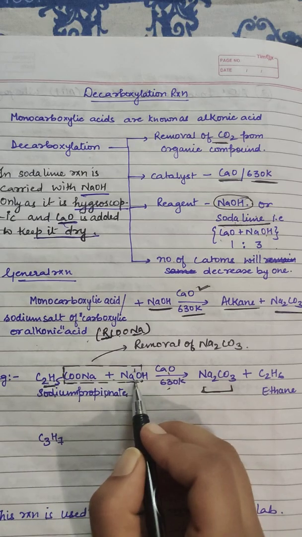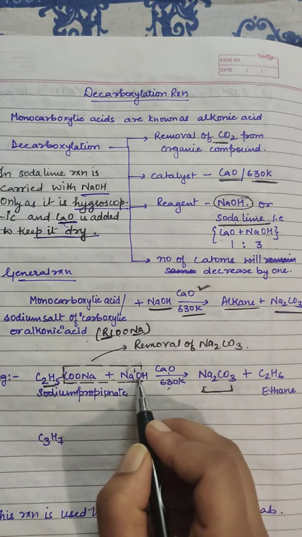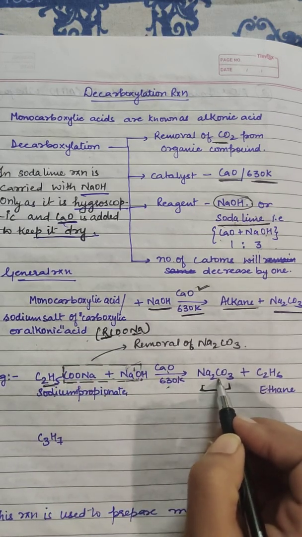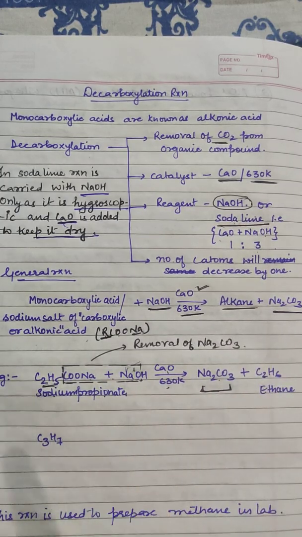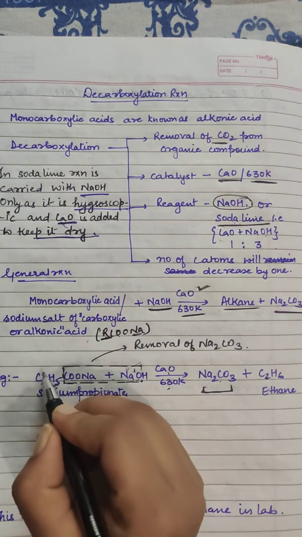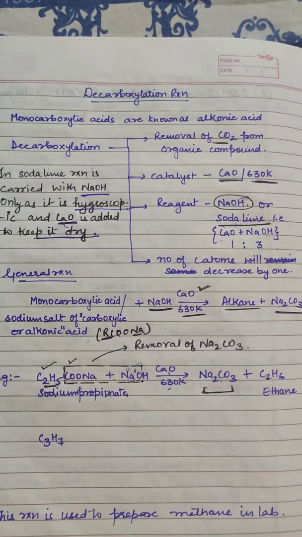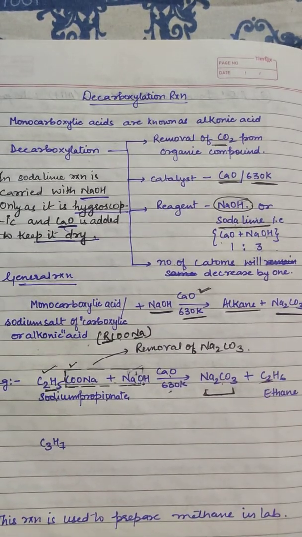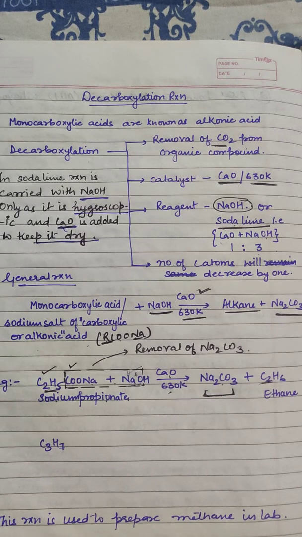So this is how you keep in mind that Na from the NaOH and oxygen will react with COONa to form Na2CO3, and ethane will be liberated. Now observe carefully: there were 2 plus 1, 3 carbon atoms initially, but now there are only 2 carbon atoms, so it will always decrease by 1.